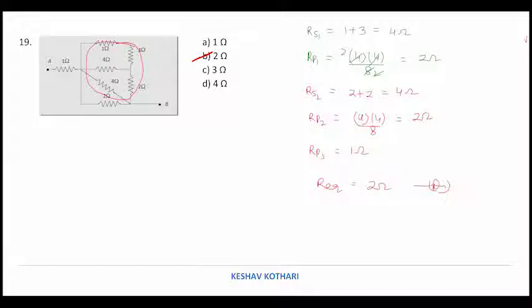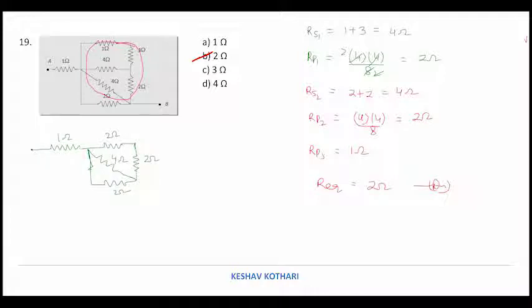Let me show it in a diagrammatical way. After the first calculation we are left with this circuit, wherein the values are 2 ohm, 2 ohm, 4 ohm and then 2 ohm.